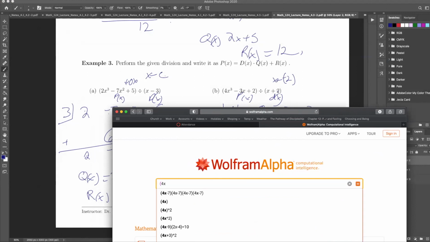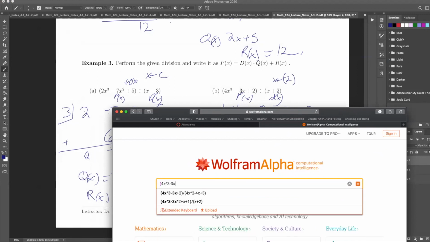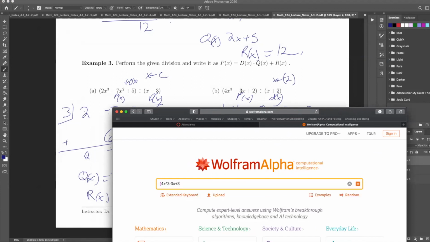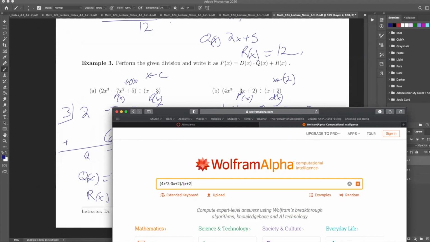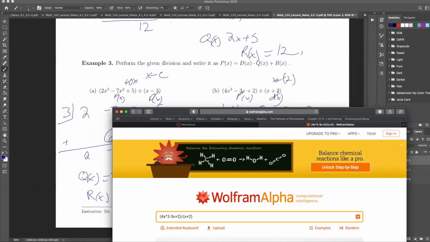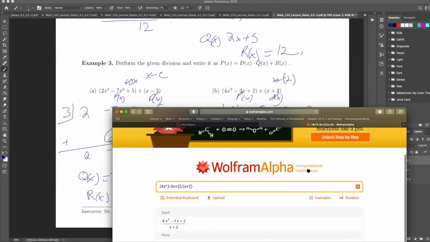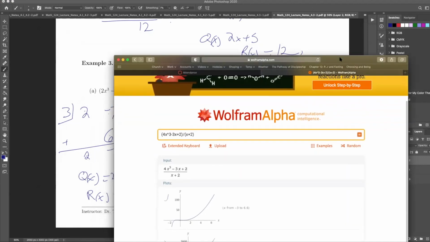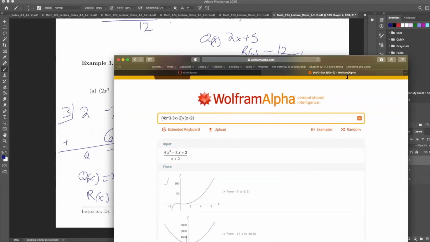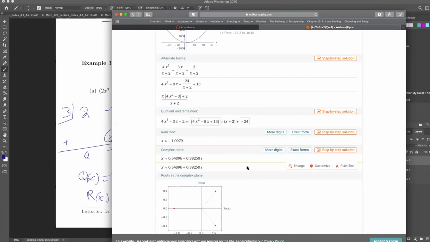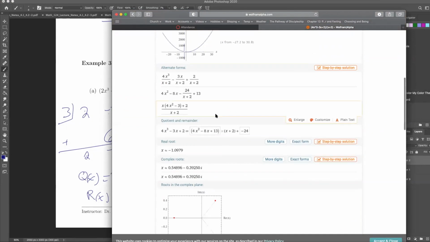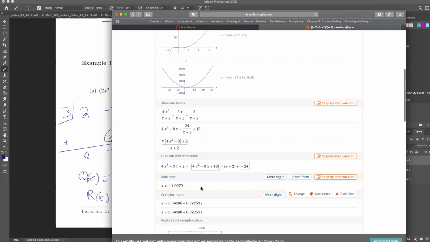So if I have 4x cubed minus 3x plus 2 divided by x plus 2. Input. Thank you, Wolfram Alpha. Alternate forms. Here it is, and here is its quotient. So you can just type it in directly into Wolfram Alpha.